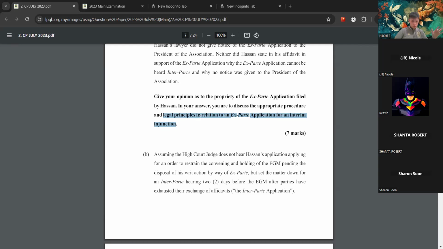And also, if possible, please explain the case of American Cyanamid, because an ex parte application can be used in various ways, just like your Mareva injunction, your Anton Piller order. You have to tell the court which particular ex parte injunction you are applying for. As we know, the easiest one, where the threshold is the lowest, is the prohibitory injunction.